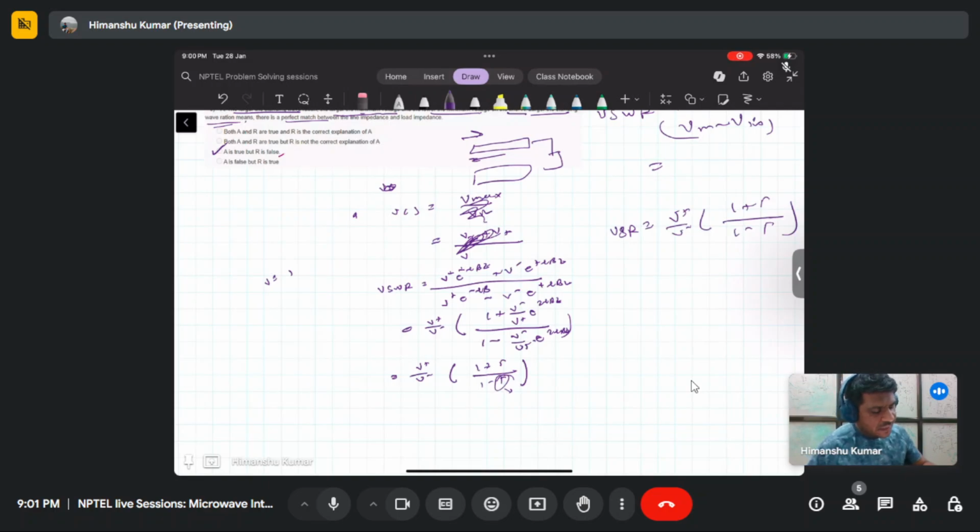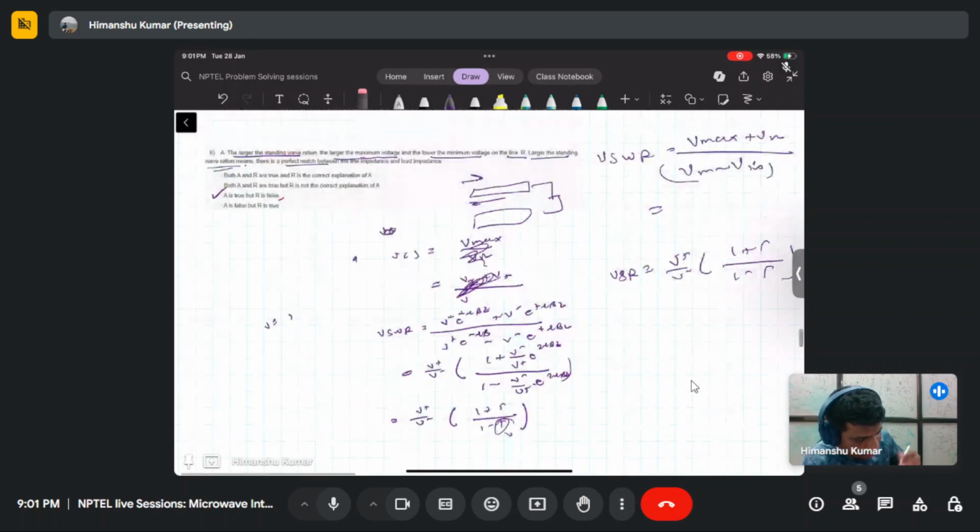If the reflection coefficient is very high, equal to 1, the denominator becomes 0 and your VSWR becomes very high. And if gamma tends to 0, your VSWR tends to 1. So if you have less reflection, your VSWR tends to 1, and the second statement is false.